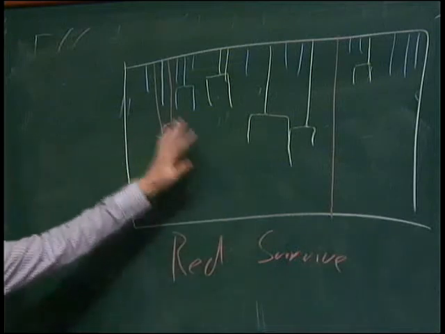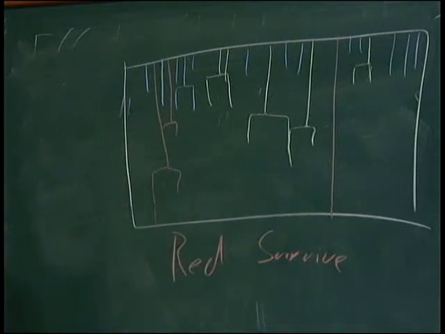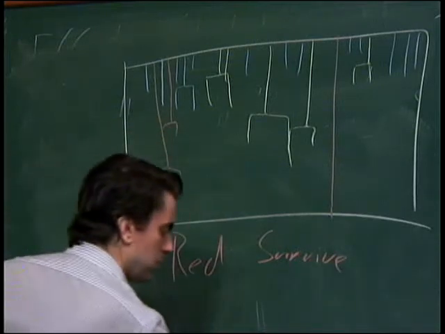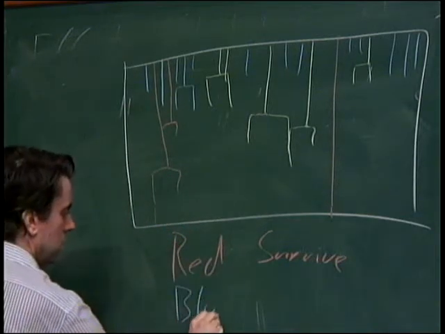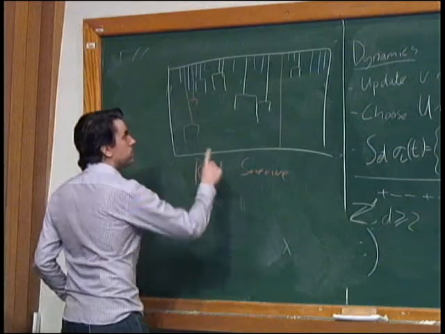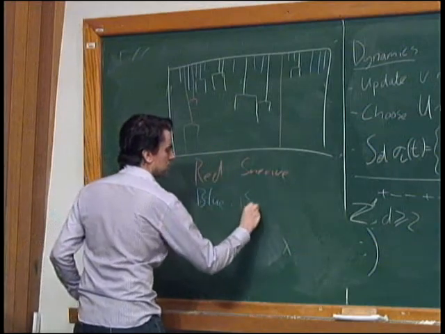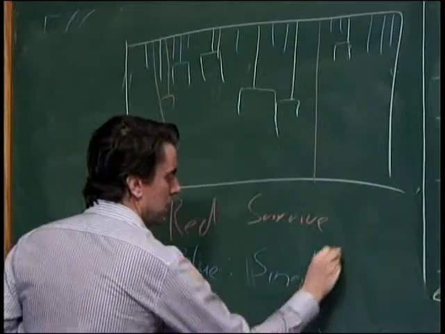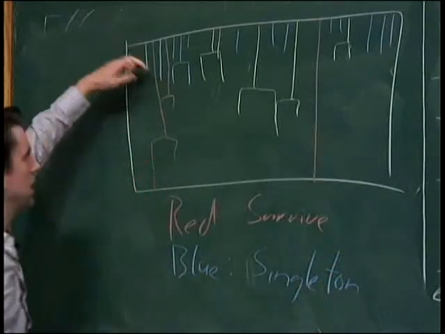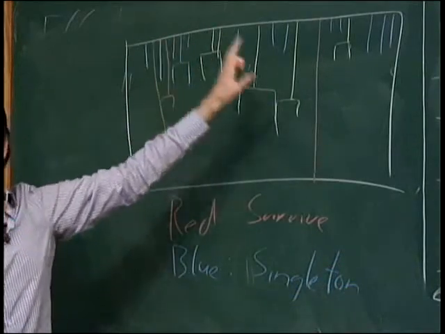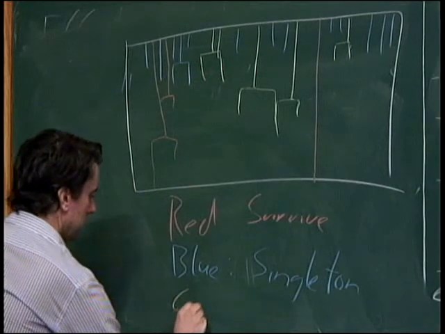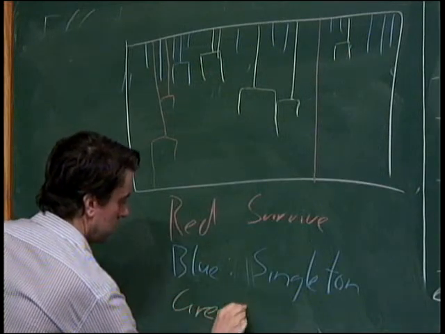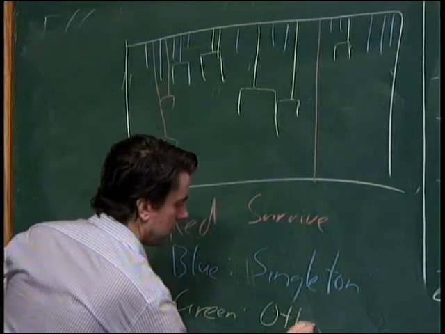If they hit the bottom, these are the ones that can be affected by the initial configuration. We'll color them blue if they're just a singleton, so they don't reach the bottom, and they don't intersect any of the histories of any of the other ones. And finally, green otherwise.